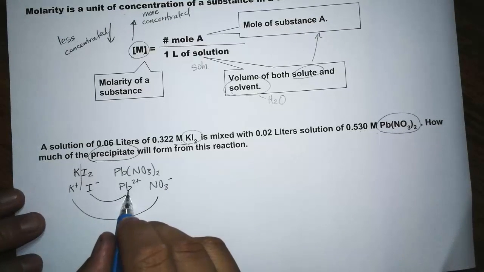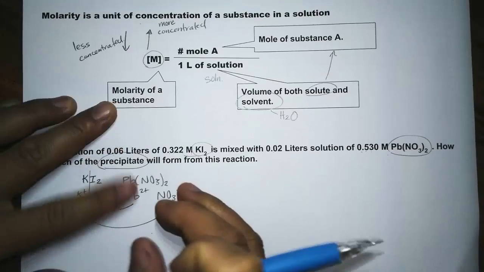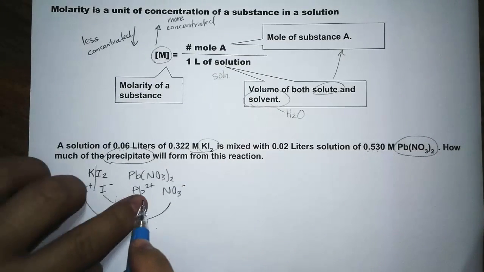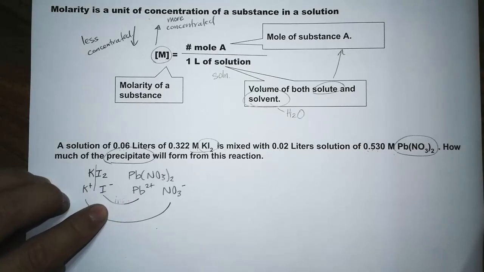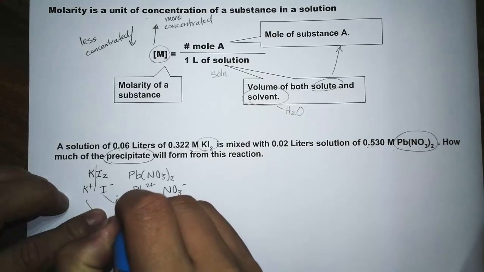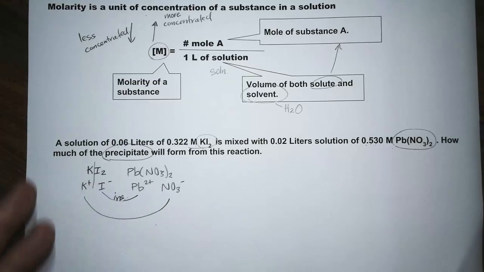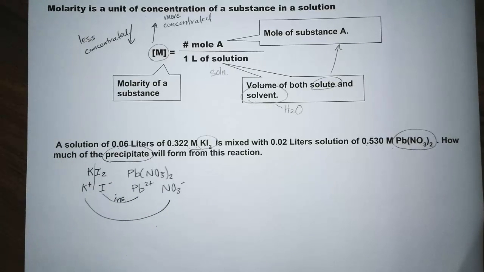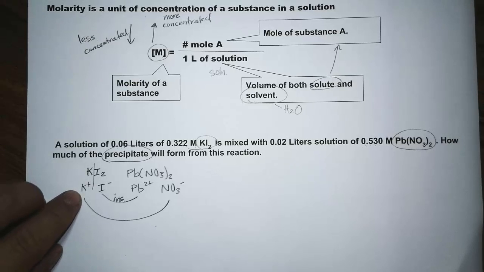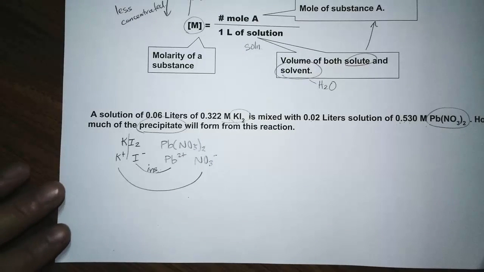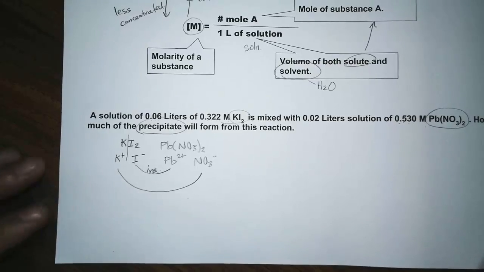This one is lead nitrate, and we look at the solubility rules: lead iodide is insoluble. So we have our precipitate there, whereas potassium nitrate is in group 1A, so it's soluble. So this will become spectator ions. The potassium and the nitrate are spectator ions. They don't get involved in the chemical process of making the precipitate.